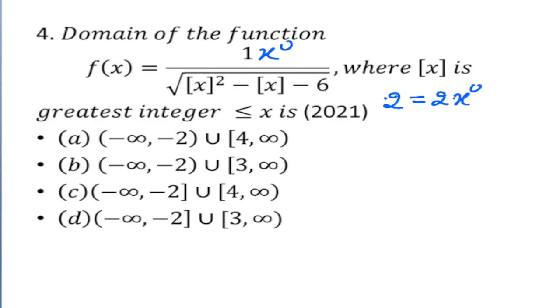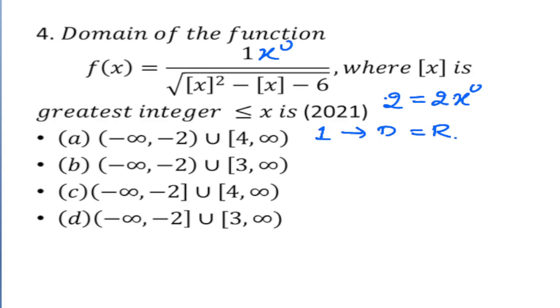And also already we have discussed in the previous question, for any polynomial function, friends, the domain is the set of all real numbers. So it is very clear for the numerator function 1, the domain is the set of all real numbers. And for the denominator, obviously we are going to get any subset of the set of all real numbers, because if the denominator is equal to 0, the function is not defined.